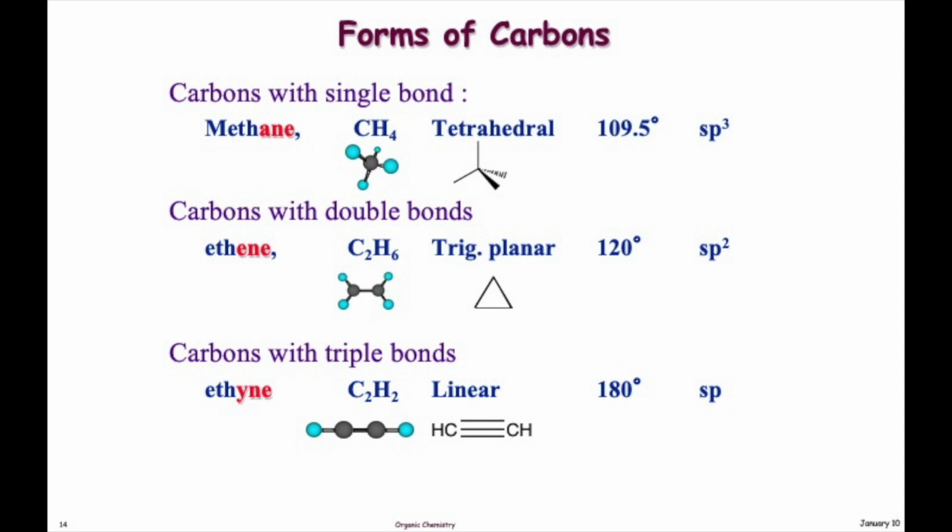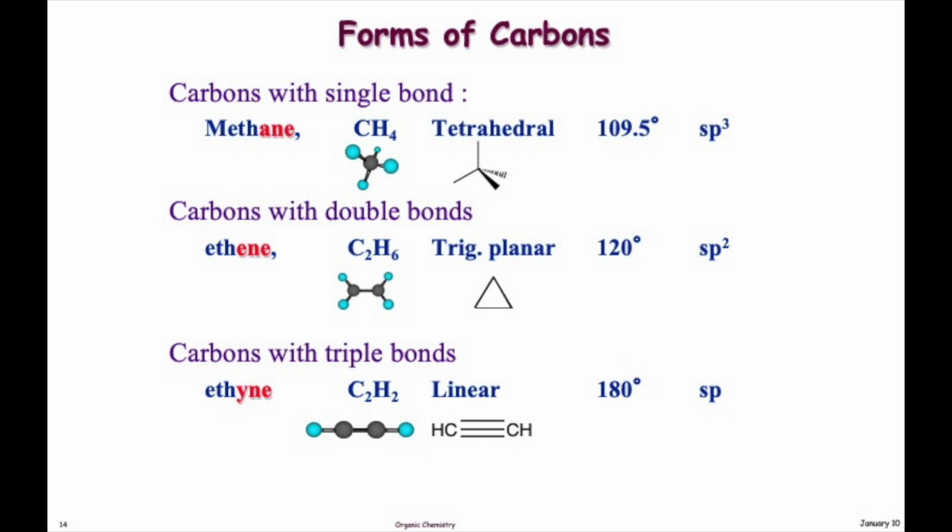This is methane. This guy right here is ethene. Okay? Remember I said eth was 2 carbons? 2 carbons. The ene ending tells you there's a double bond. Okay? If it was ethane, it would be this, where there were only single bonds throughout.